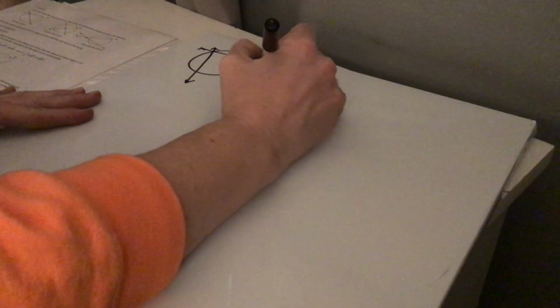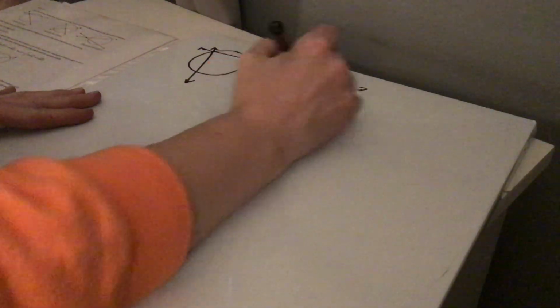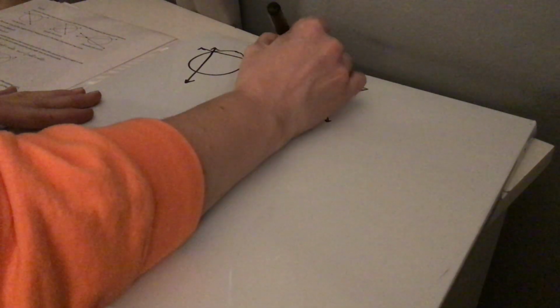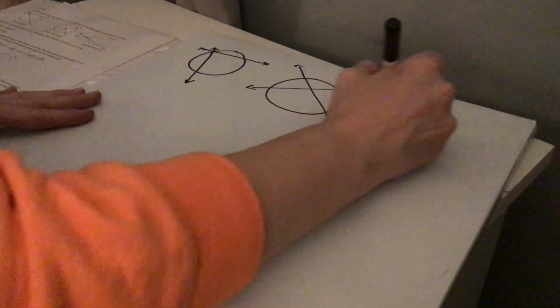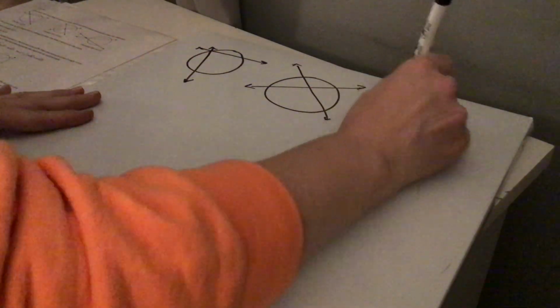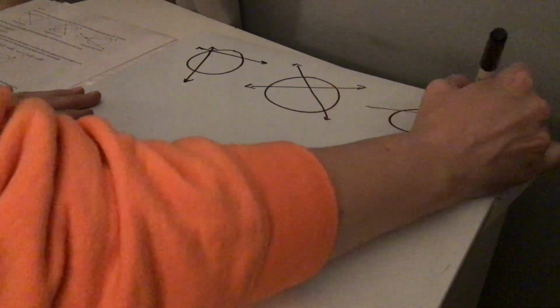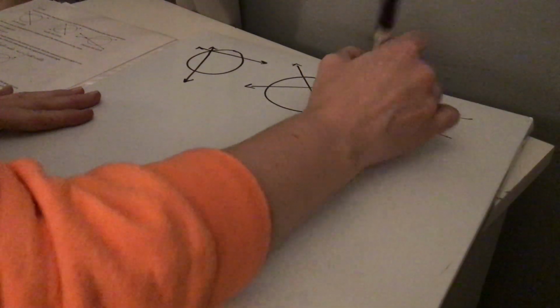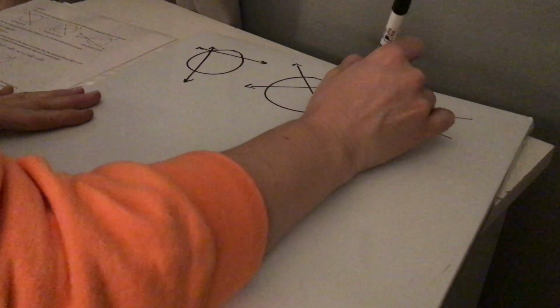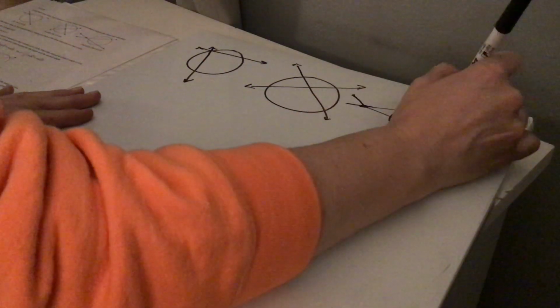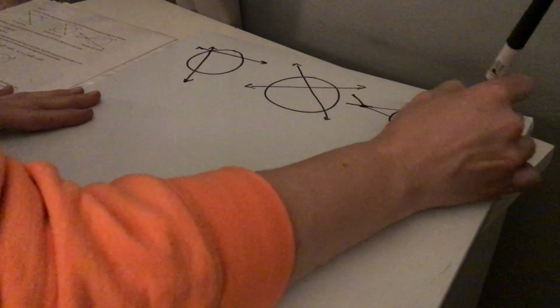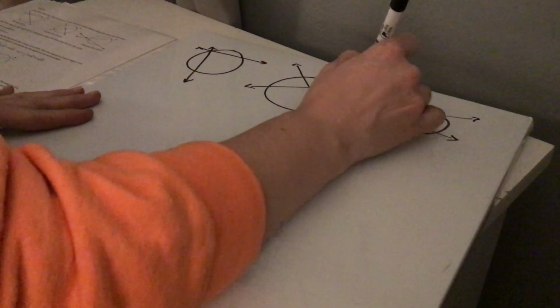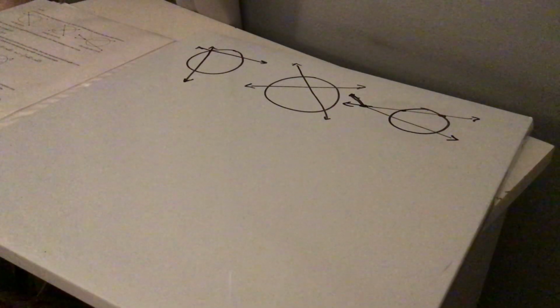You can have two lines intersecting inside the circle. And you can have two lines intersecting outside the circle. Here, it's intersecting your circle, and the lines themselves are intersecting outside the circle.